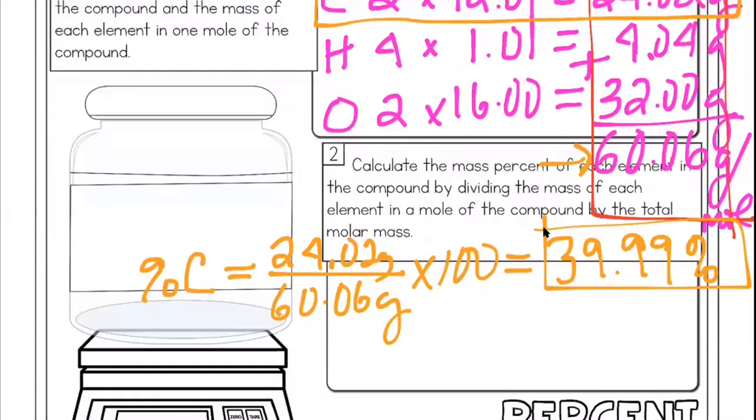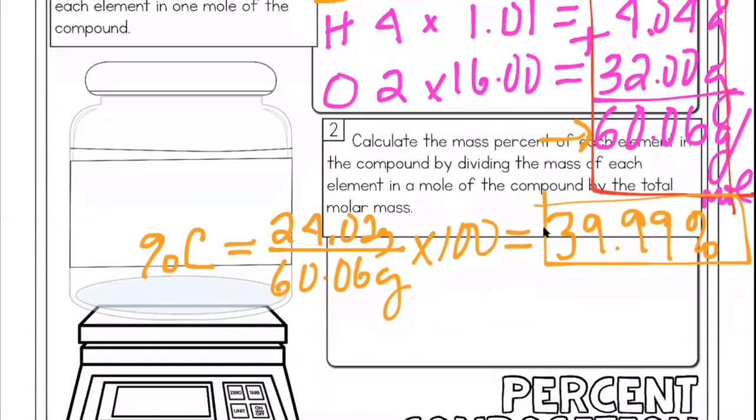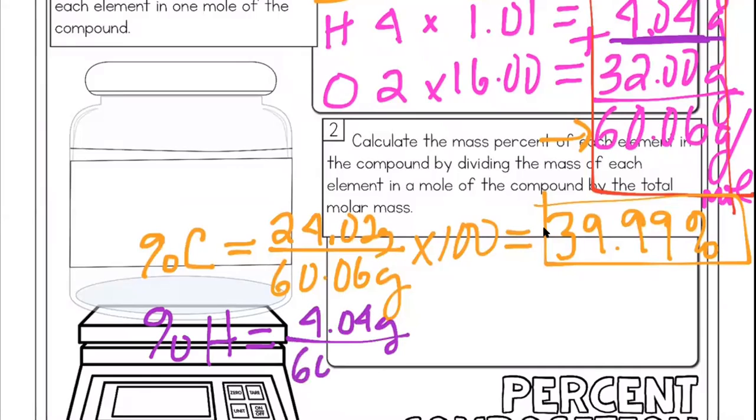Now for the hydrogen, the process is the same, but our numbers are going to be different. So for the percentage of hydrogen, I'm going to use the total over here for the hydrogen, which would be the 4.04 grams because we had to multiply it by 4. And then I would divide, this number on the bottom stays the same because the total mass of the compound never changes.